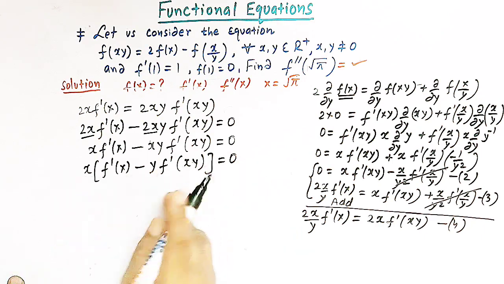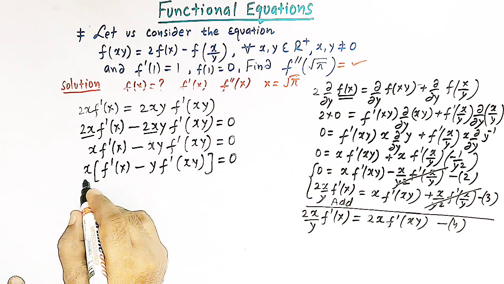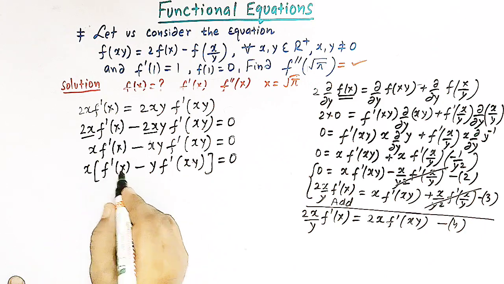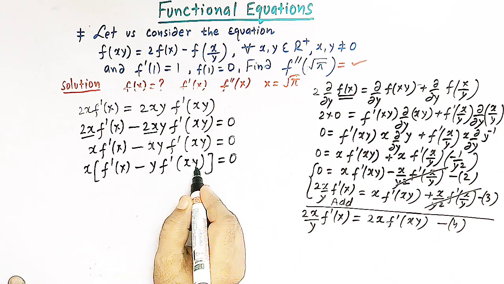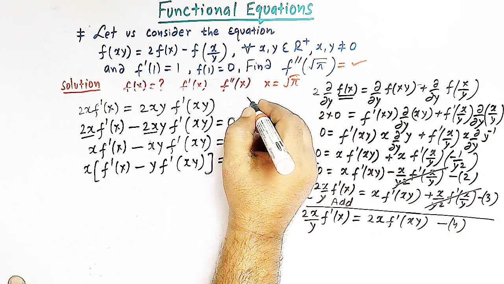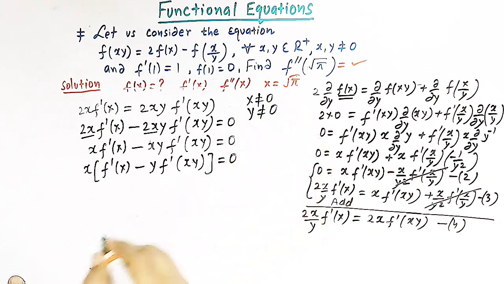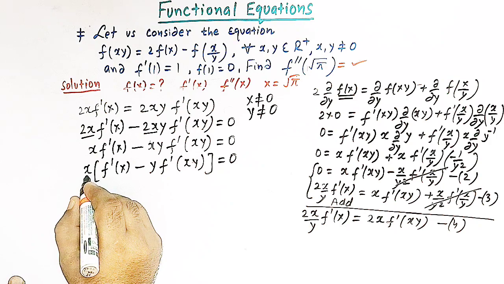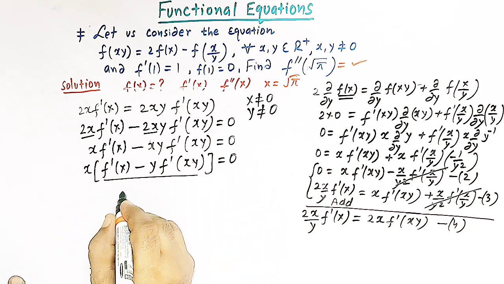Now here we have the product of two terms. The first one is x and the second one is f prime of x minus y f prime of xy. Since x is not equal to 0 and y is also not equal to 0, this x cannot be equal to 0, so this factor must be equal to 0.